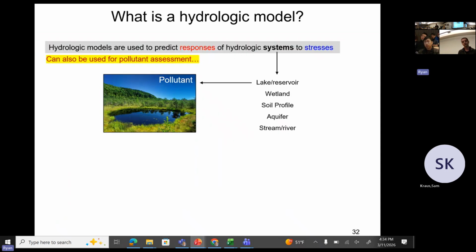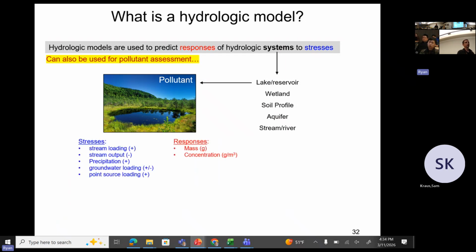Okay, now moving on to pollutant transport. Again, we talked about these hydrologic models for these systems, but we can also track pollutant mass using the same process. So instead of looking at volumes of water, we're looking at mass of constituents, for example, grams or kilograms.